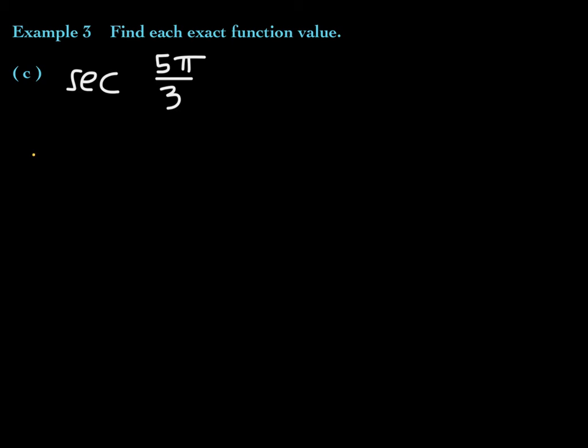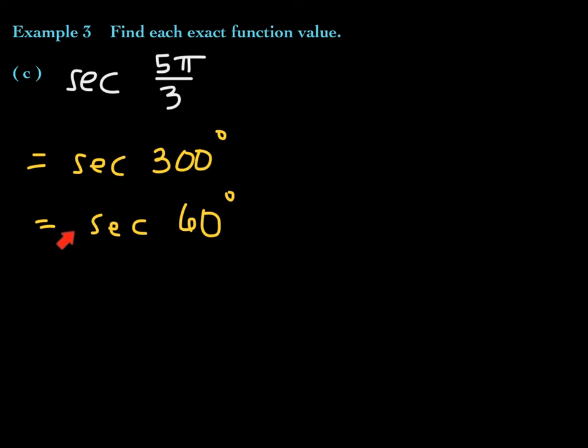All right, so then this is equivalent to secant of 300 degrees, is what we just found. And our reference angle here will be 60 degrees. So this is equivalent to secant of 60 degrees. I don't need a negative sign here because in quadrant 4, we're positive, so we're fine. And secant of 60 degrees, if you forgot what that is, no worries.